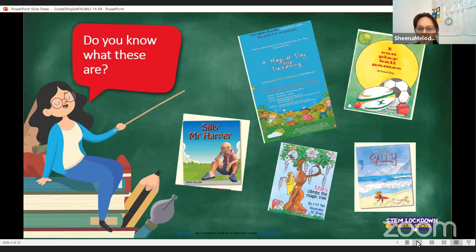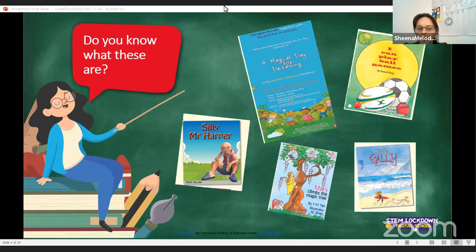So, do you know what these are? Mohammed, do you know what these are? Okay. So we have, let's have a look here. Right, yes, they are books. Well done, they are books. But you notice that they're all different books as well.